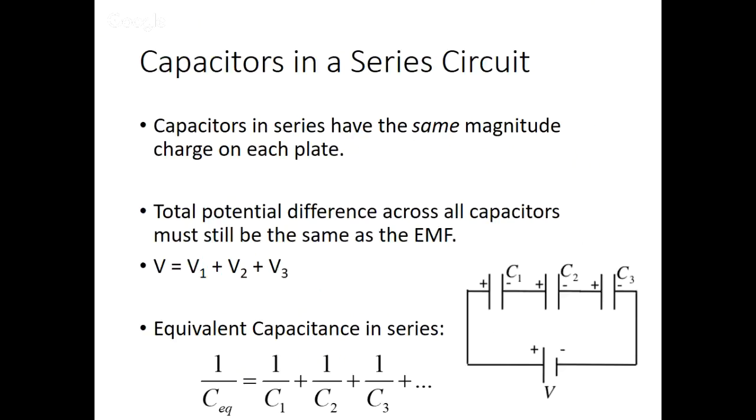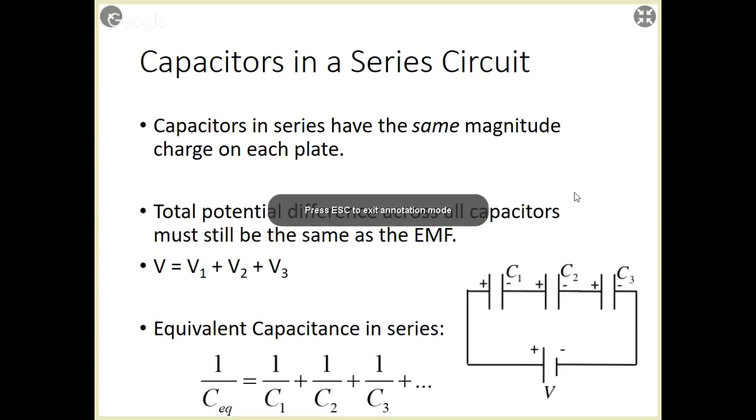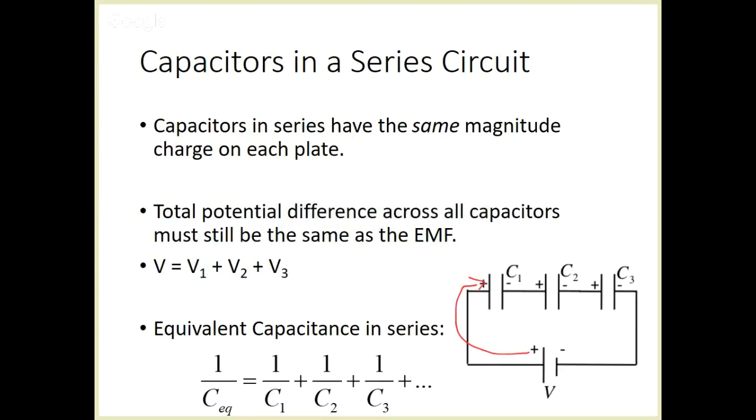Basically, all that happens is the charge flows from the battery and piles up on this first plate, causing the second plate of the first capacitor and the first plate of the second capacitor to become polarized. And it continues to happen down the line. So each of these capacitors build up the same amount of charge.